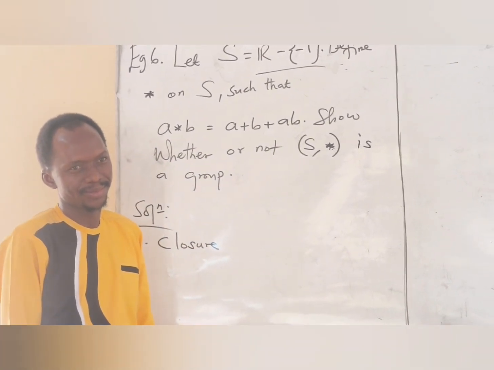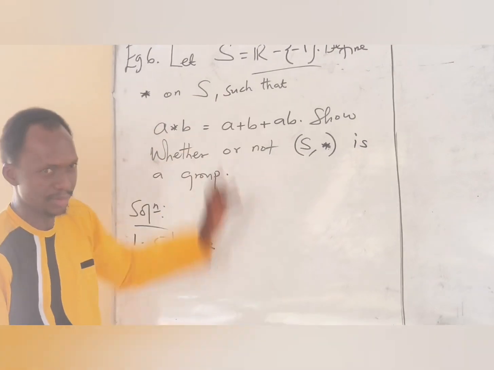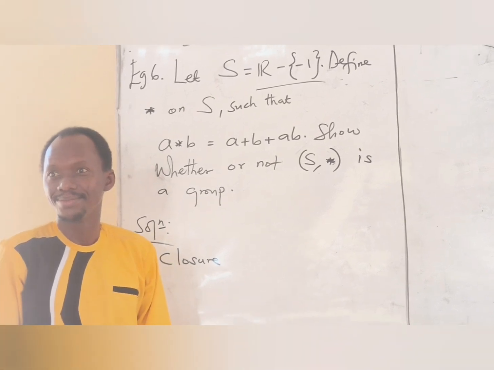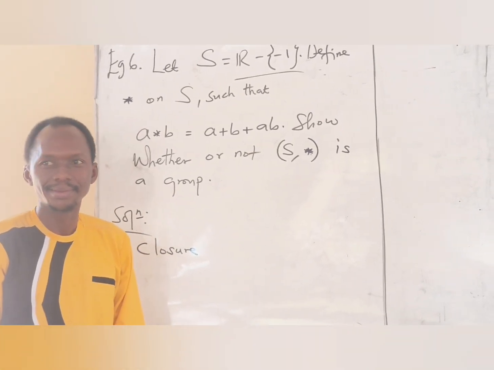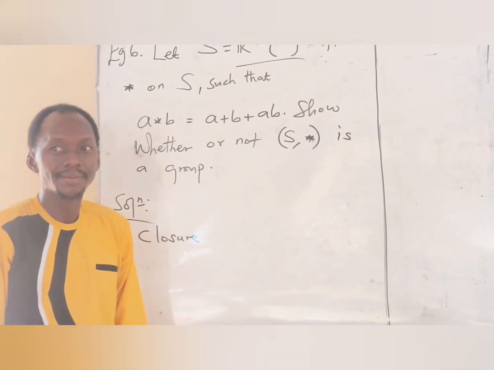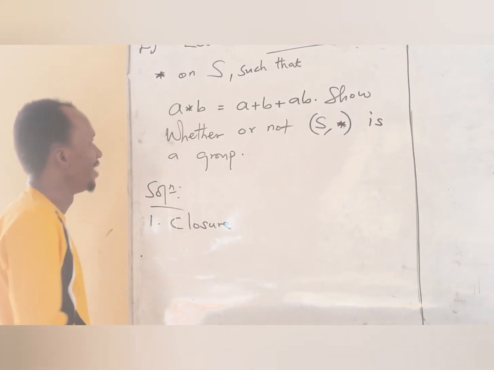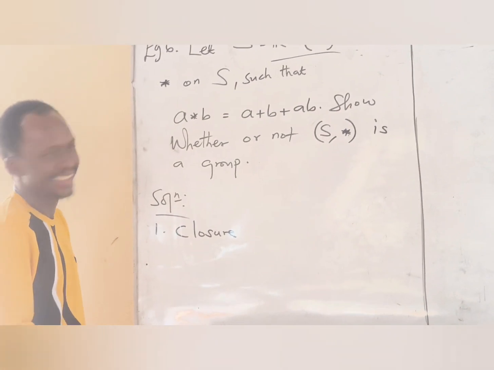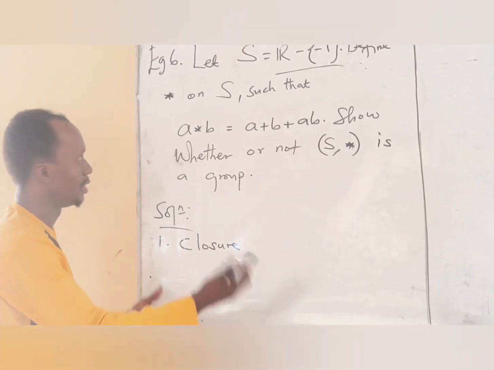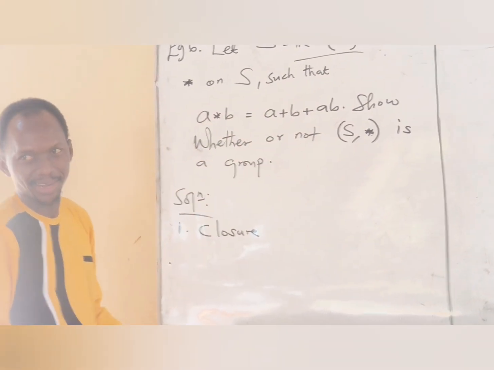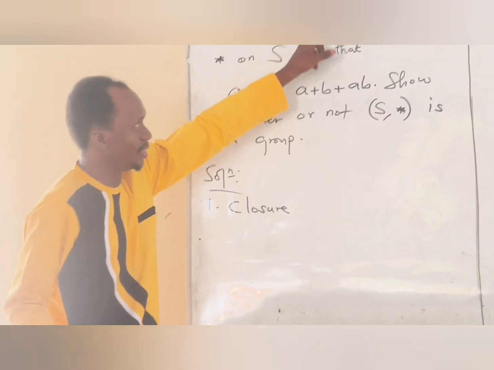So that's all other numbers except negative one. Writing this way is algebra language. It's mathematics. You could have written it as the set of real numbers except minus 1, but this is the representation.